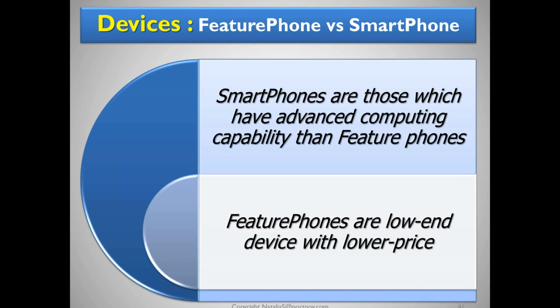So there are two types of devices, and many times phone users don't know the basic differences between a smartphone and a feature phone. I'm going to give you pretty good examples of the difference. Basically, feature phones are low-end devices with a lower price.